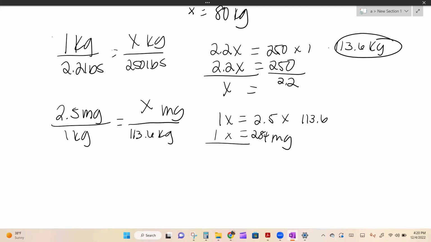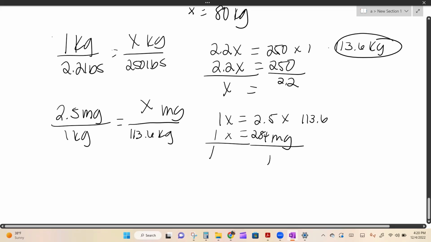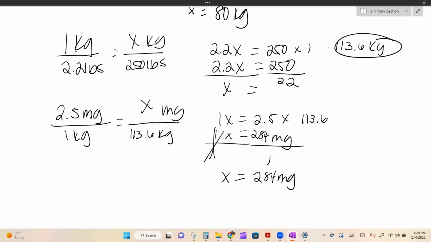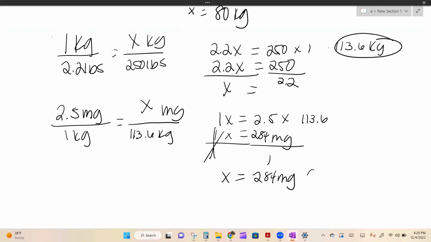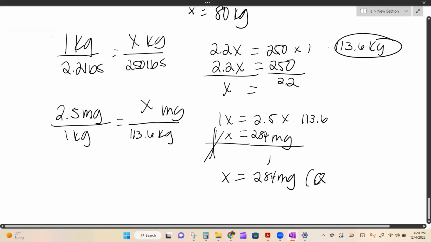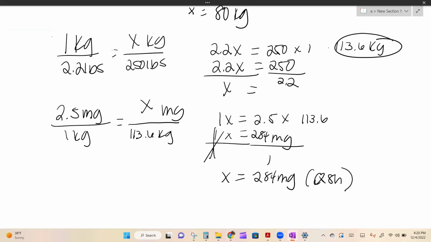We want to get x alone, so we'll divide both sides by 1. 284 divided by 1 is just 284 milligrams. So that's how much they need per dose. Every 8 hours, q8h, they're going to get 284 milligrams.